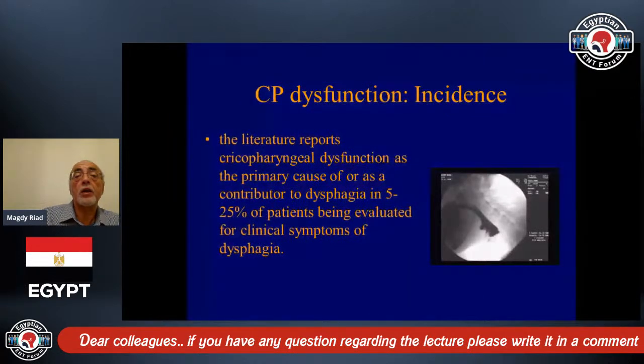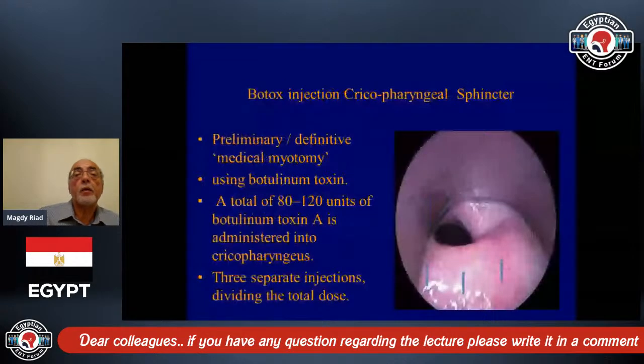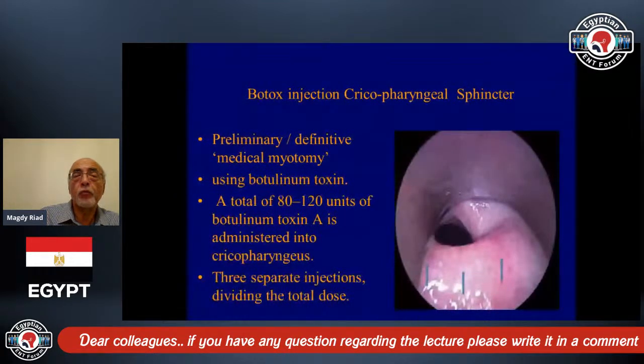Cricopharyngeal dysfunction is common. Some reports say up to 25% of all the patients you're going to see with dysphagia and aspiration will have a degree of cricopharyngeus sphincter disorder. And it's easy to treat, provided that you know that this is the exact problem with the patient and there are not too many other problems, then these are the patients that give the best result.